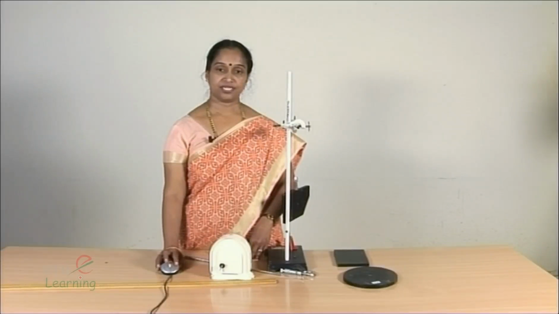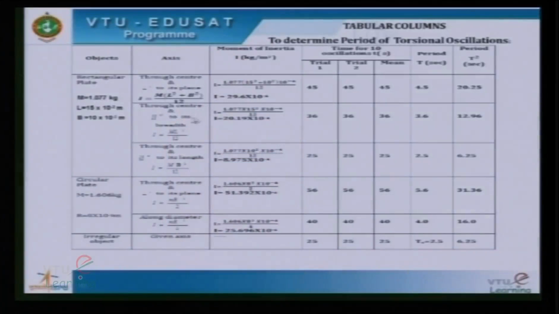The trial 1, trial 2, trial 3 readings for every regular object, rectangular and circular, as well as irregular, for various axes of suspension are recorded, and time period is evaluated, and T square is also tabulated.